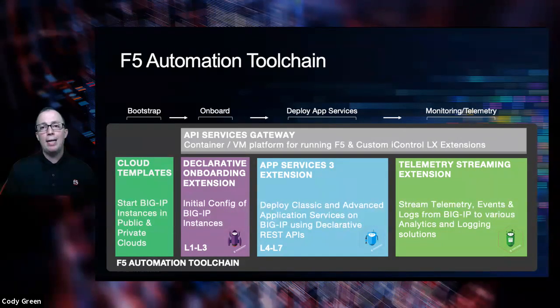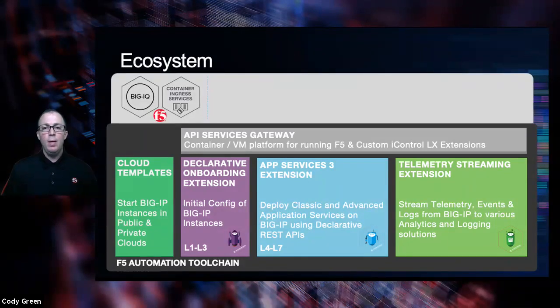So we can abstract these out into our API services gateway, which is a container, or you can run each one of these as their own independent container. This gives you the freedom to be able to iterate or add new automation functionality without having to upgrade your BigIP. We also allow integration through our central management, which is our BigIQ, and through our container ingress service.